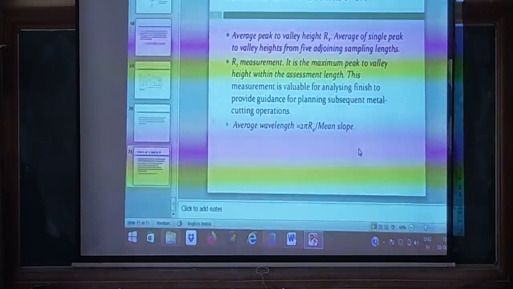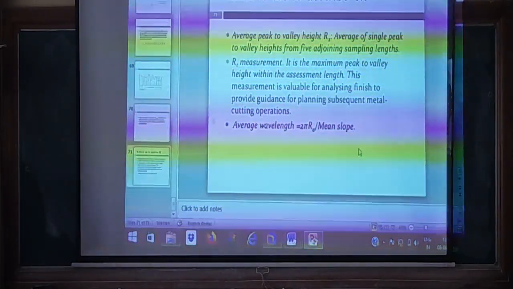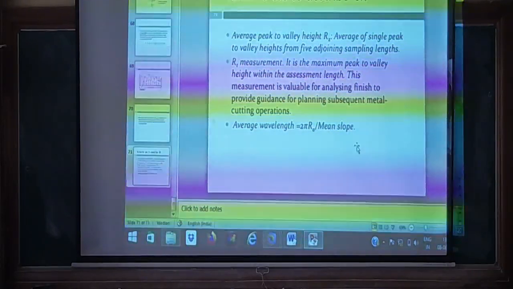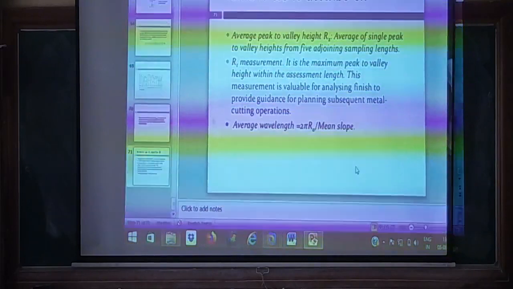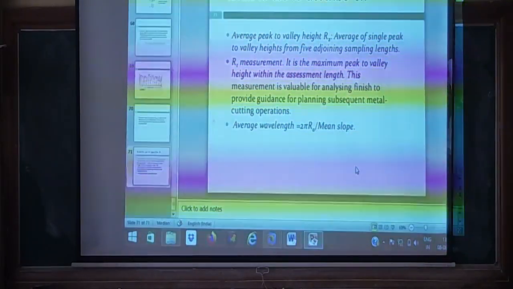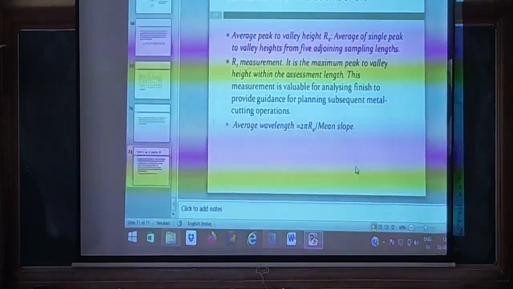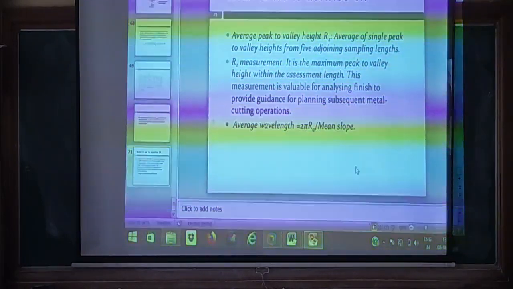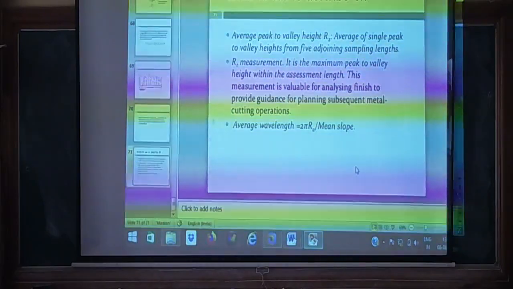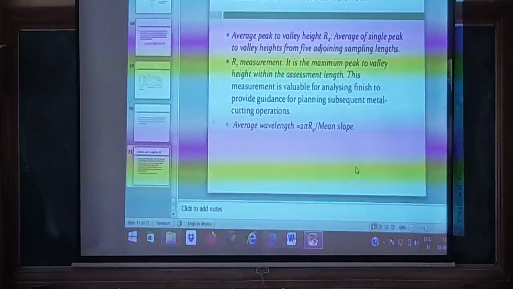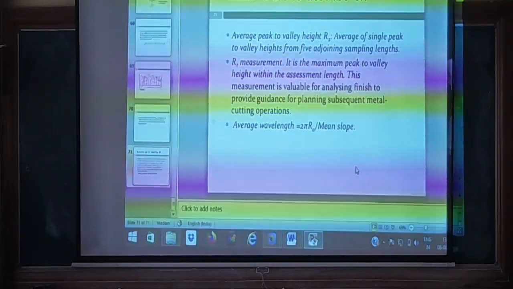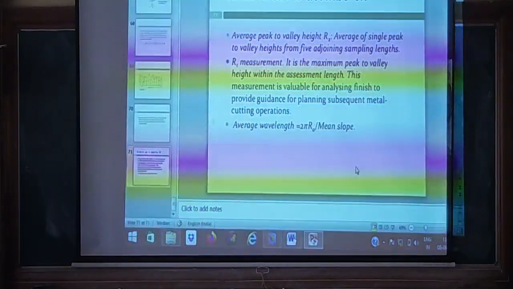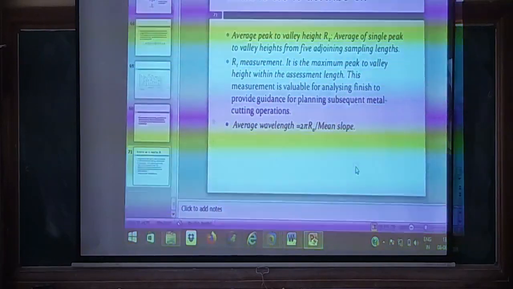If you have any questions about this surface roughness and the subsections I have explained, just mail me, or there is a WhatsApp group, so you can ask questions through WhatsApp or through email.